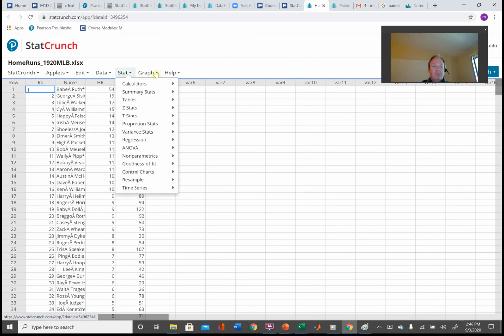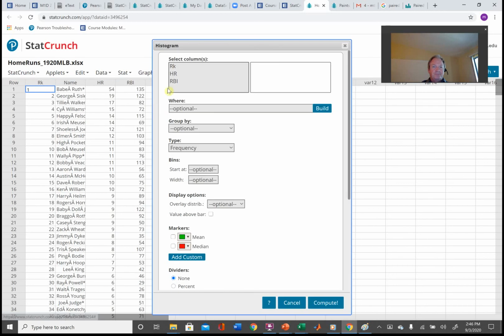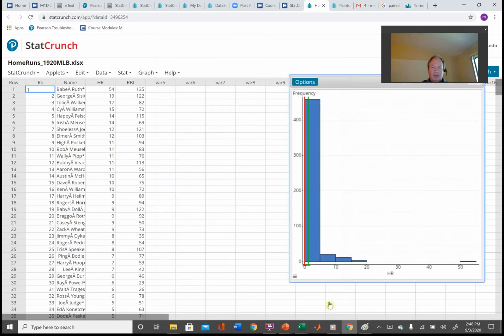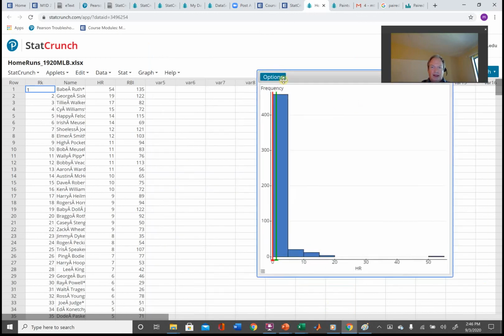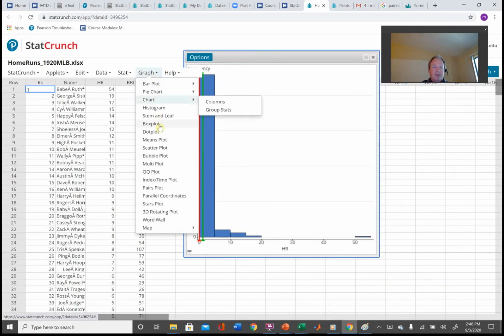And let's go ahead and make a plot. So when we plot the histogram of home runs, I will go ahead and plot the mean and the median. We get something like this. And I'm going to make the box plot too.